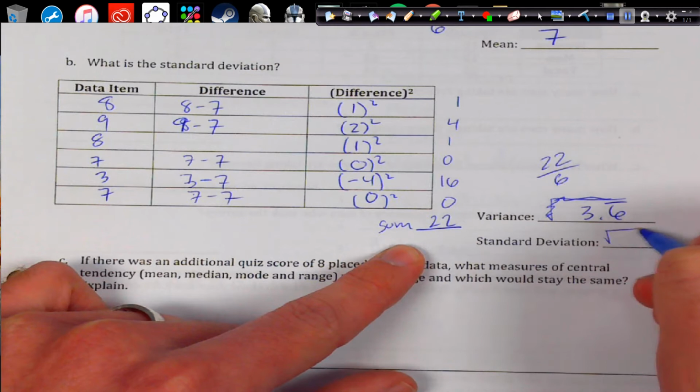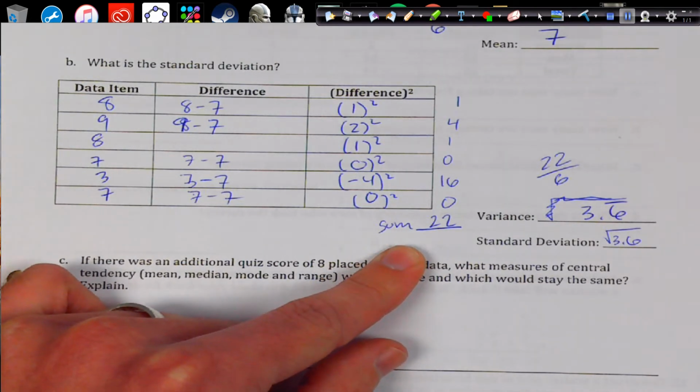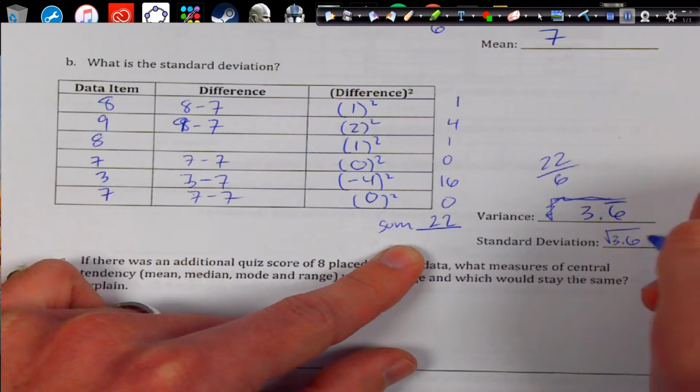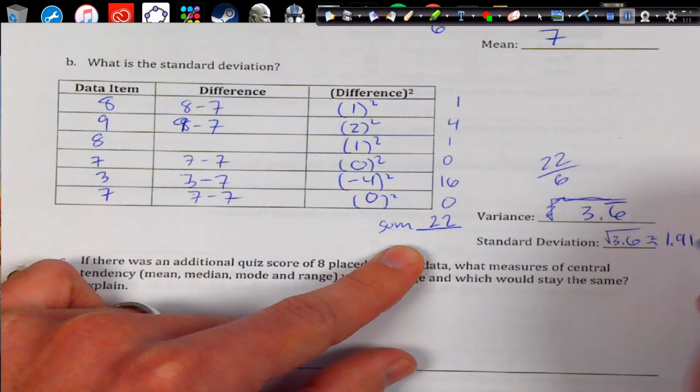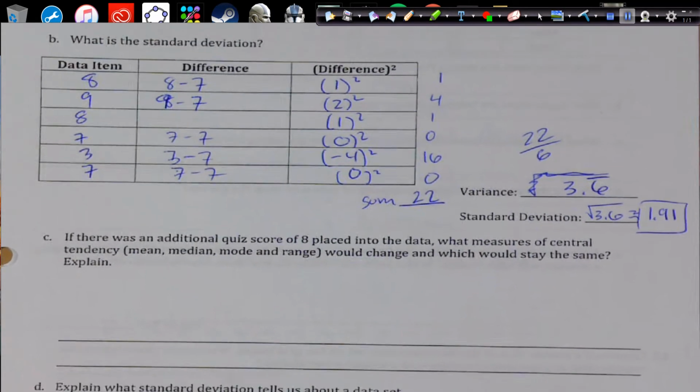So the square root of 3.6 is going to give us approximately 1.91 as our standard deviation. Okay, so that's a nice little problem there.